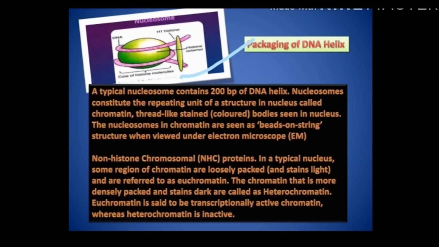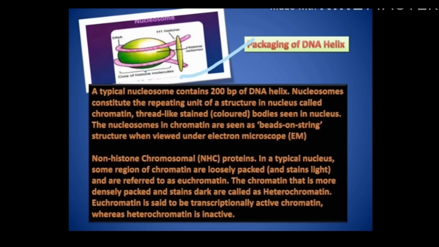So when you say 200 base pairs, that means about 20 turns of helix. Clear? So there will be some 20 turns of DNA present in each nucleosome, right?